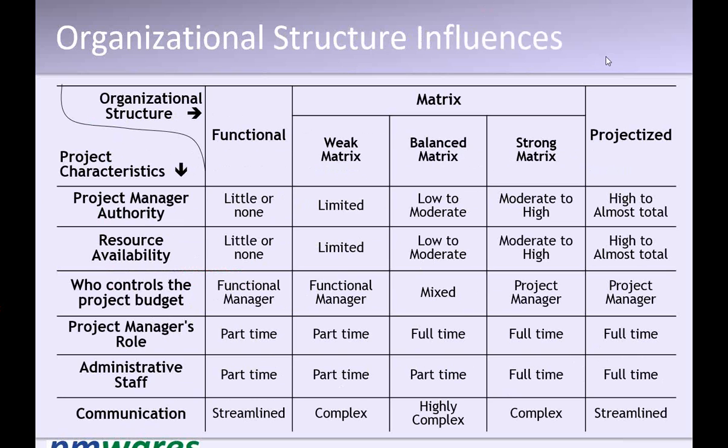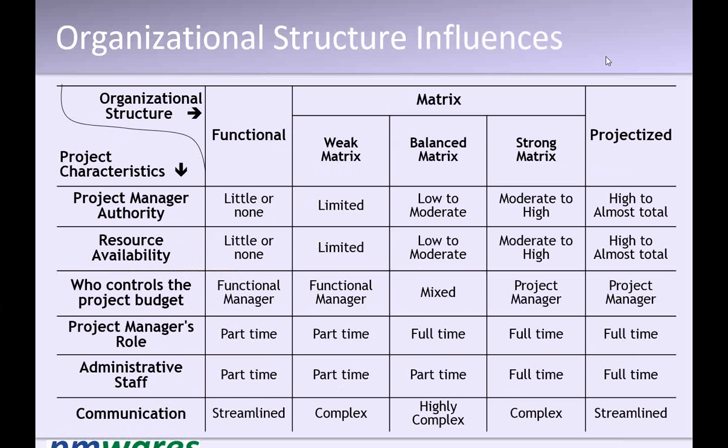What is a matrix organization? It has a flavor of both functional and projects. These organizations have functions also, like a typical large software company such as Infosys, Wipro and other companies.